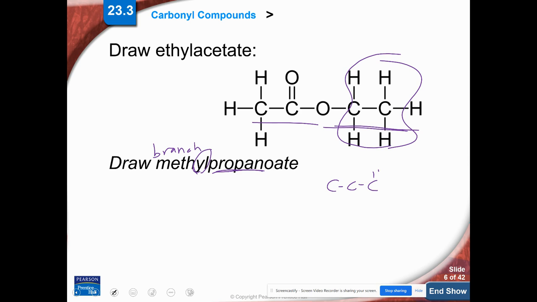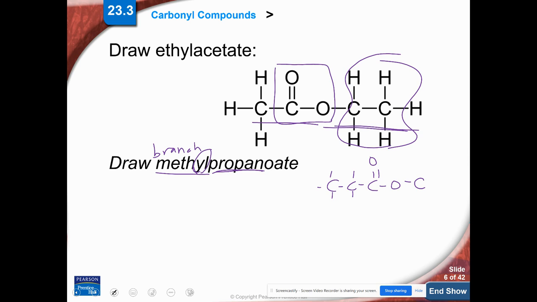And now I'm going to draw that ester functional group, right, which is this part right here. C double bond O, O. And now there's that branch, methyl, 1 carbon. All right, so there's my skeleton structure. Now my last bit is always to make sure that every carbon has 4 bonds around it. Now that one still needs 2. This carbon's all set with its 4.